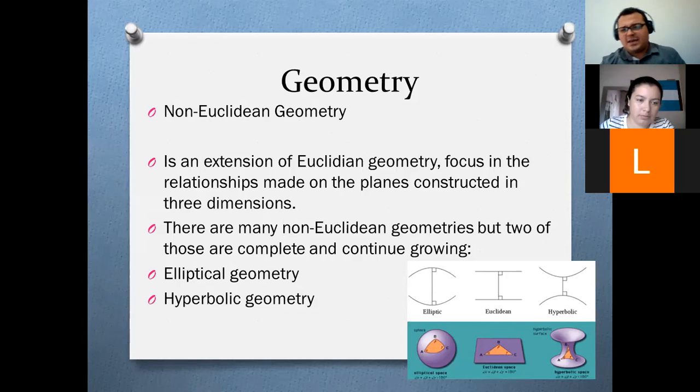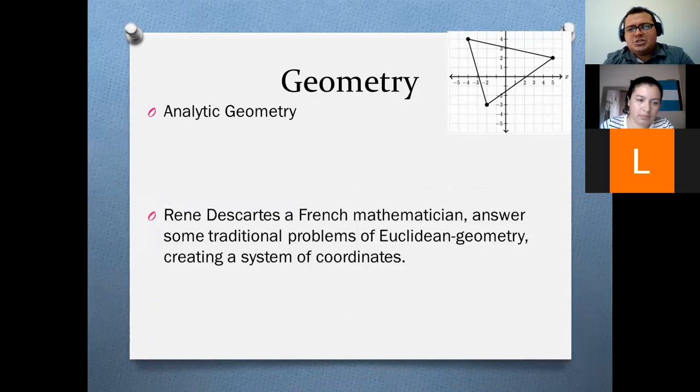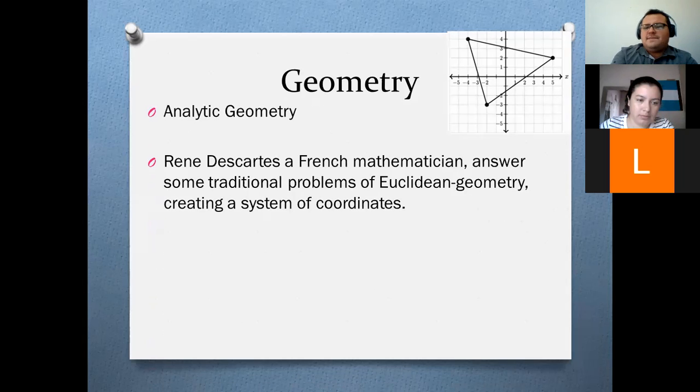Okay, that's a simple idea to understand what happened with this one. What happened with the other one? The analytic geometry. The analytic geometry was practically made by Descartes. Descartes was a French mathematician. Well, not just a mathematician, also a philosopher. I think he worked as a politician too.